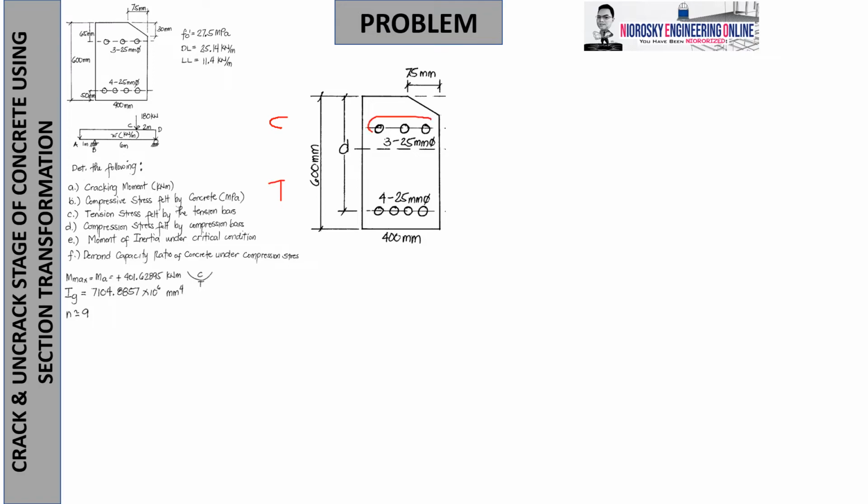So the bars at the top are what we call compression bars, and the bars at the tension side at the bottom are what we call tension bars. To identify them, the tension bar is not always at the bottom; it depends on the nature of the bending. If we have negative bending, then it should be tension above and compression below, so the tension bars are at the top and the compression bars at the bottom. However, we have positive bending, as we identified, positive 401.6 to 1895. Therefore, we already know the nature of the bars.